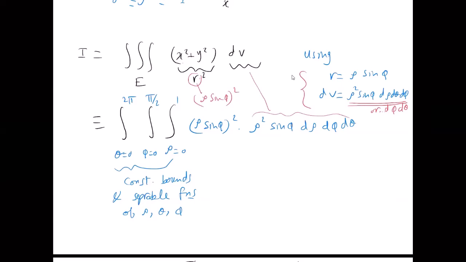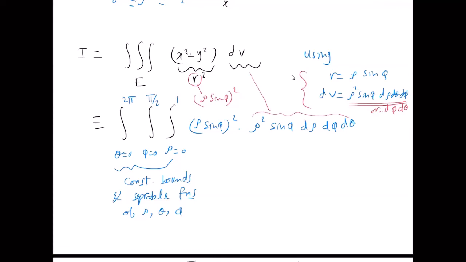And these are the bounds: rho from 0 to 1, fixing theta and phi. Then move phi from 0 to pi over 2, till the xy plane, and at the end theta moves the whole cycle from 0 to 2 pi. Now we have the situation where we can simplify and do it as a product of three integrals.